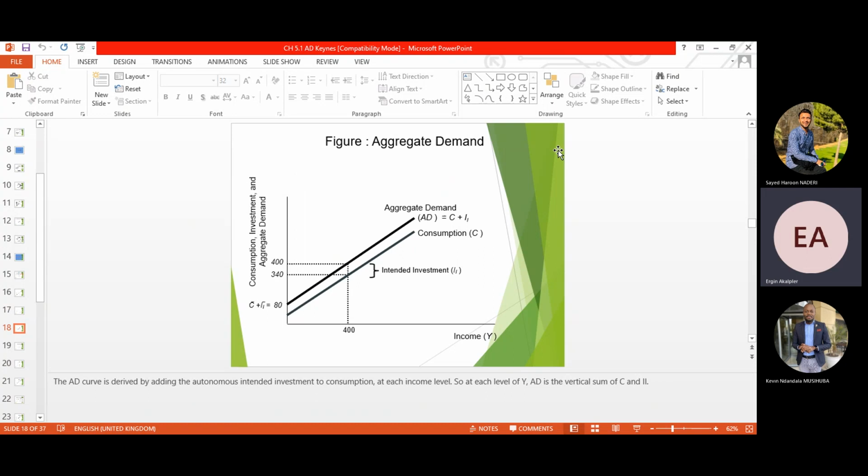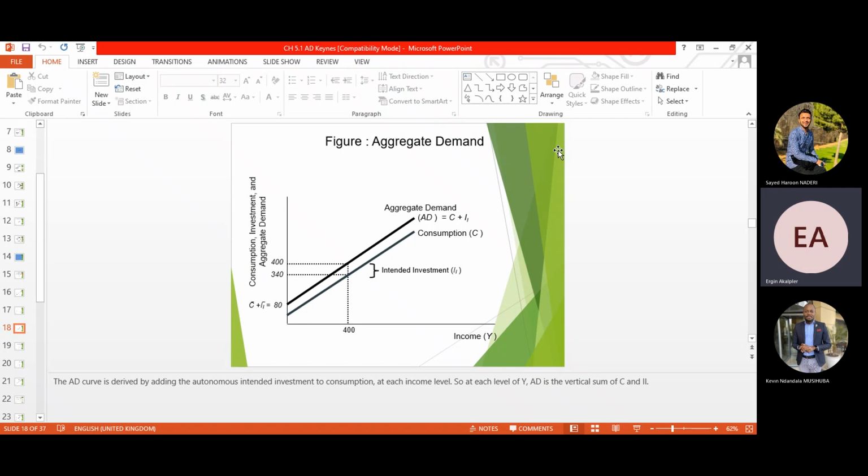When we come to the aggregate demand curve, you are observing that it is a little bit above the consumption curve, because aggregate demand is C plus I plus G plus NX, isn't it? Here we only have investment also. Then we add this 60 to the autonomous consumption, which started from 20, and draw a line parallel to the consumption line, giving us the aggregate demand curve.